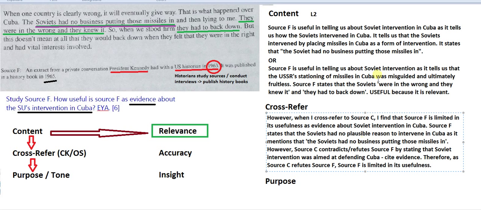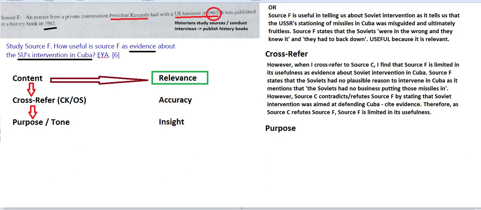Also, when you look at your contextual knowledge, you realize that your contextual knowledge also tells you otherwise, doesn't it? What your contextual knowledge will tell you is that yes, it was also the case that the Soviets put them there to defend Cuba after incidents like the Bay of Pigs.